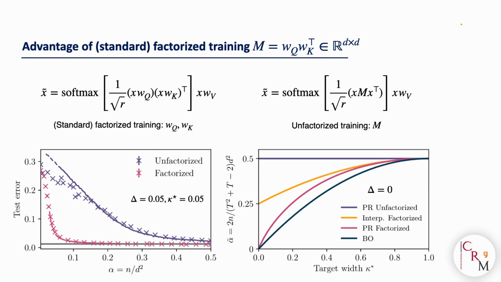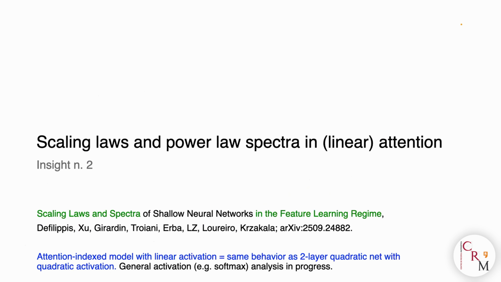And we see that what would not work at all if we were training the product actually works, within a constant of the Bayes optimal performance, if we train the key and query separately. So this is a curious consequence that I didn't realize before: you cannot train the product. That would really give you a worse inductive bias.